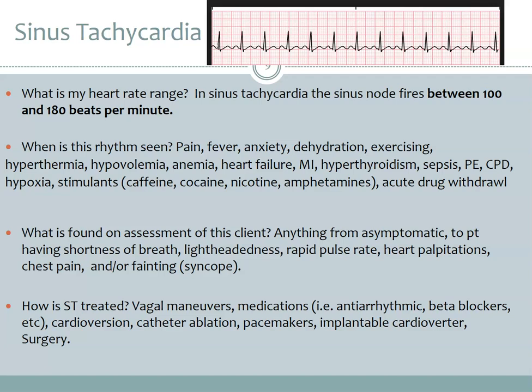It could be heart failure. They could have a heart attack or MI. It could be that their thyroid is working double time, so they're hyperthyroid. It could be that they have a severe infection throughout their entire body, so they're septic. It could be that they have had a deep vein thrombosis break off and travel to the lungs, becoming a pulmonary embolus.